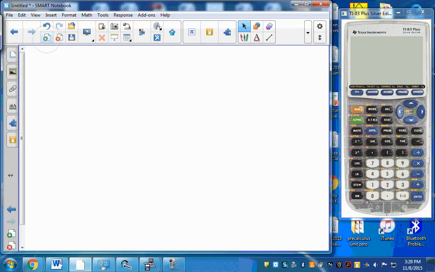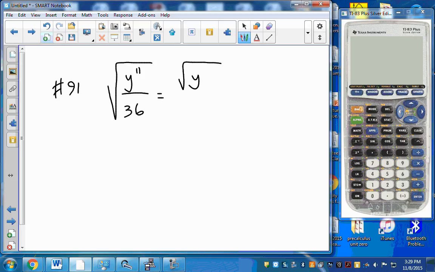Okay, 91. Number 91, we have the square root of y to the 11th and 36. Okay, so square root of y to the 11th and the square root of 36. Well, we know the square root of 36 is 6, so that's easy. But what are we going to make of this y to the 11th? Do I really want to write out 11 y's?